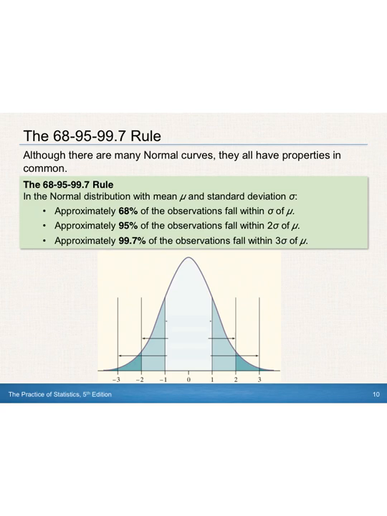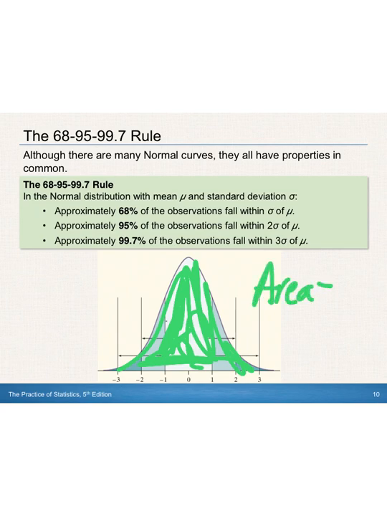The normal curve has real specific areas. Now remember, the area under the curve, the whole curve, is 100%, or the area is 1, always described in decimal form. So we would talk about 95% as being 0.95.